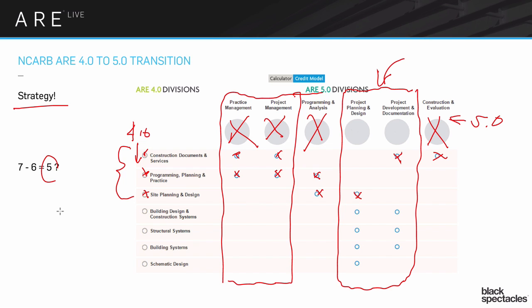I think if you're thinking about starting right now and you're going to start in 4.0, there's no reason to start on any of these other ones. Absolutely do these first 3, get those done. If all works well, and you're 2 months in and you still got plenty of time, well, okay, by all means, just keep going in 4.0. Once you're used to it, you're good at it, play it out.